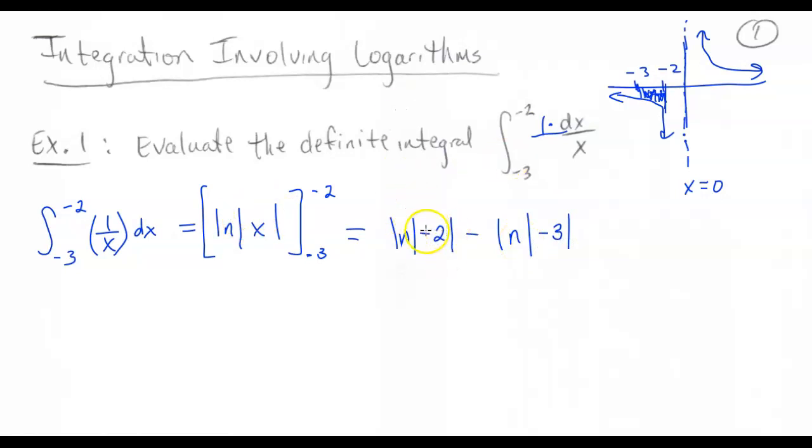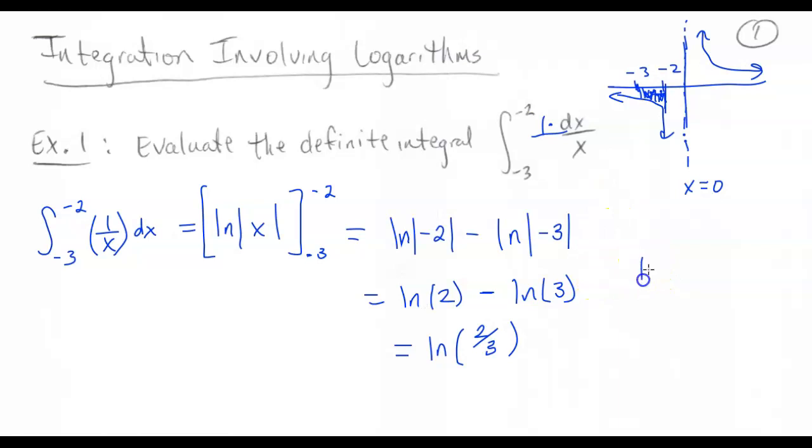And of course, the absolute value of -2 is 2, so this just ends up being natural log of 2 minus natural log of 3, and we could keep the answer that way, or we could just rewrite it as natural log of 2/3. Using our logarithm property, the difference of logarithms is the same as the log of the quotient of those two things.